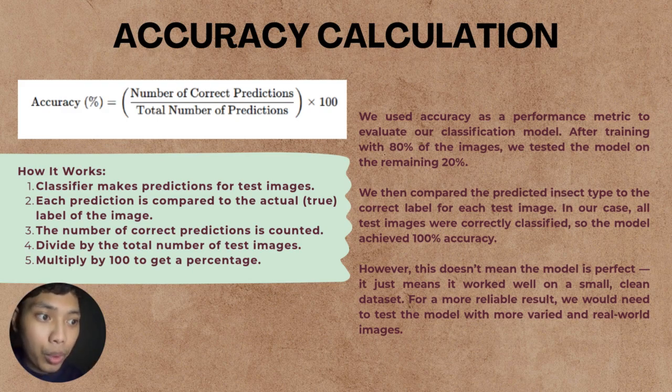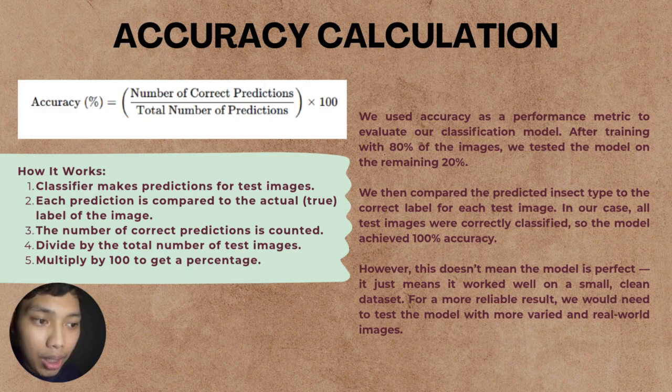After training on 80% of the images, we tested the model on the remaining 20%. We then compare the predicted insect type to the correct label of the test image.